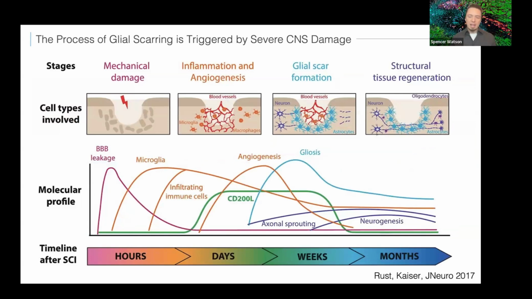Following mechanical damage or oxidative stress or really any severe insult to the CNS tissue, you get waves of cellular responses that result in a kind of multi-compartmental scar. Along the border of the scar, you get what's known as the glial part of the scar, where you have these hypertrophic reactive astrocytes.